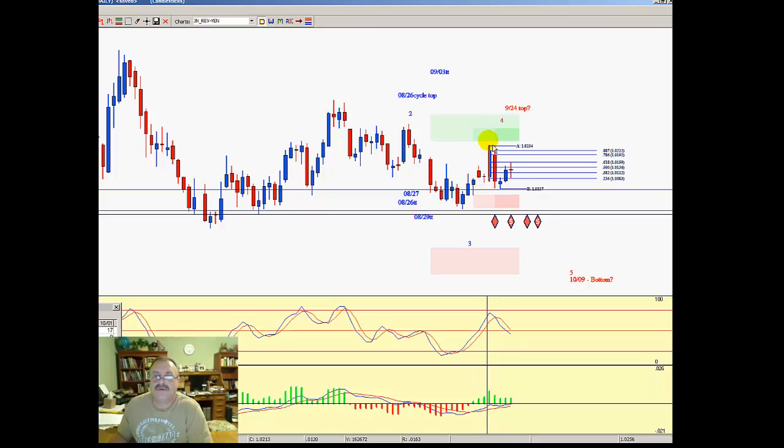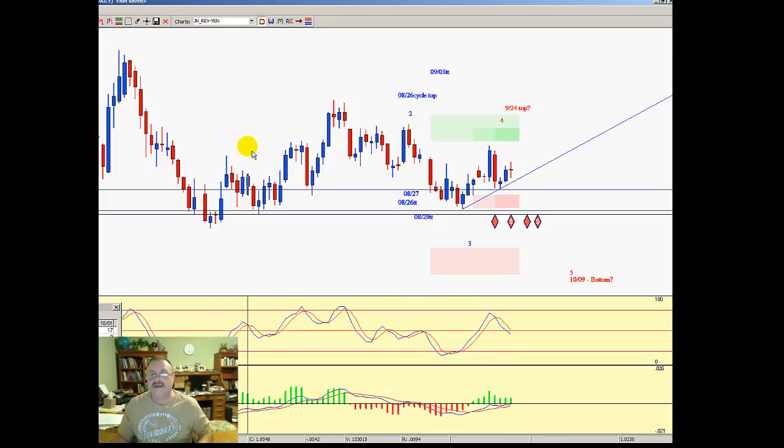Very simply, I'm going to remove my resistance levels here. Just want to put a nice little trend line right there. What you can do is you can sell right below the low of 9/24 to get in the market, because basically if price moves down below the low of 9/24, we know we've got a reversal.